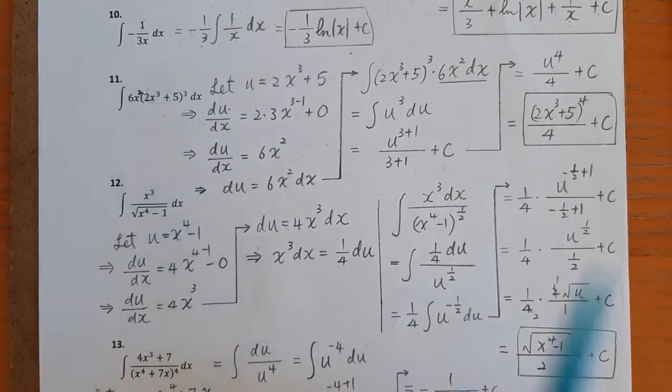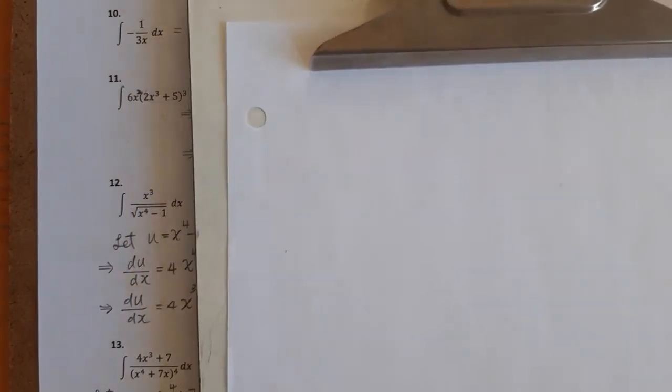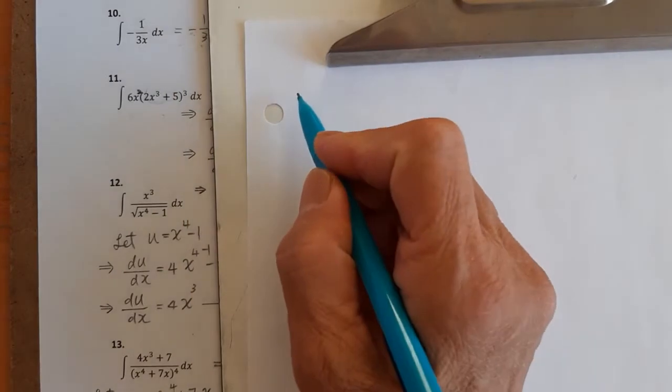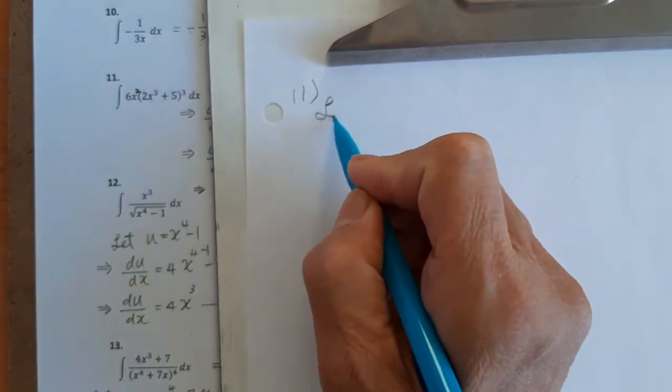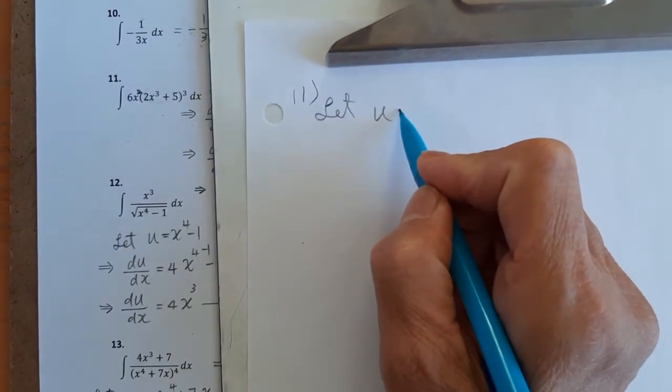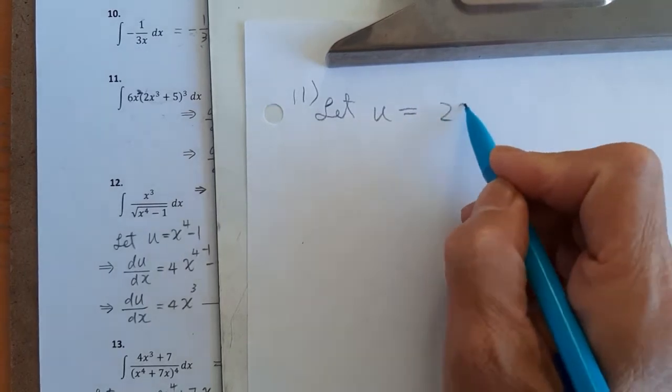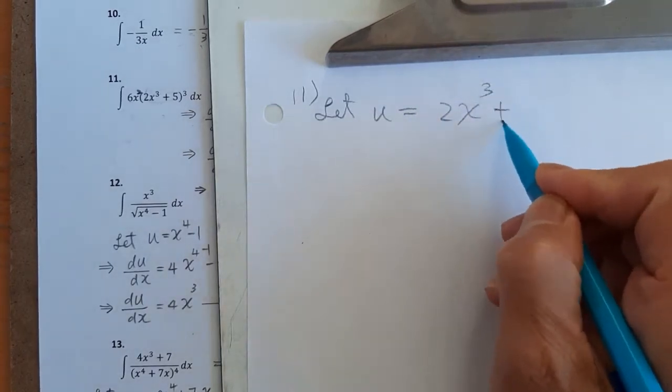So we use u sub. How to do u sub? Question 11. First of all, you let u equal 2x cubed plus 5.